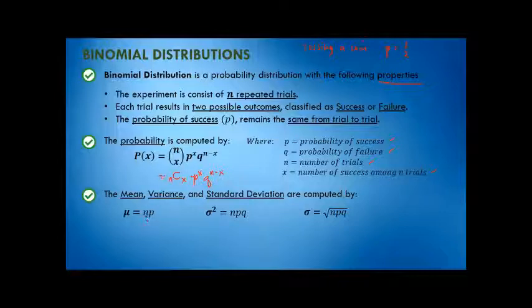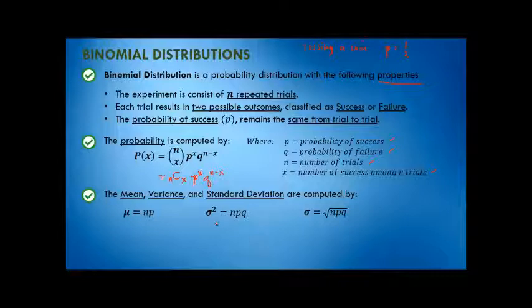For the computation of mean, variance, and standard deviation, these are the specific formulas for binomial distribution. For the mean, mu is equal to n times p. Ibig sabihin, this is the product of the total number of trials times the probability of success.